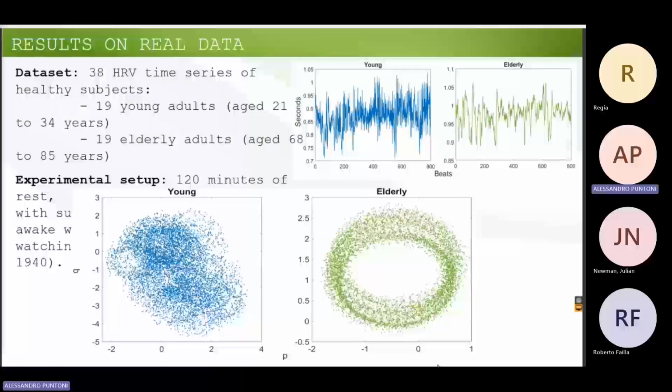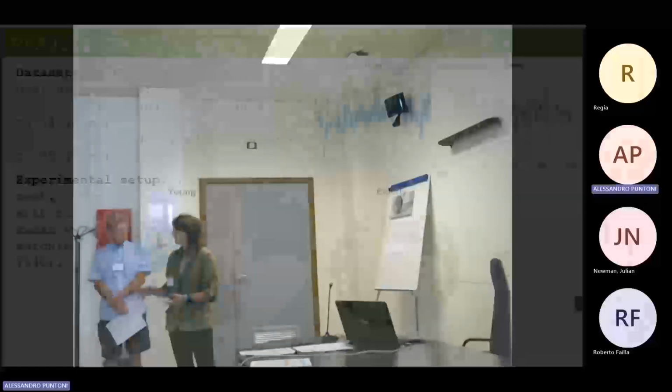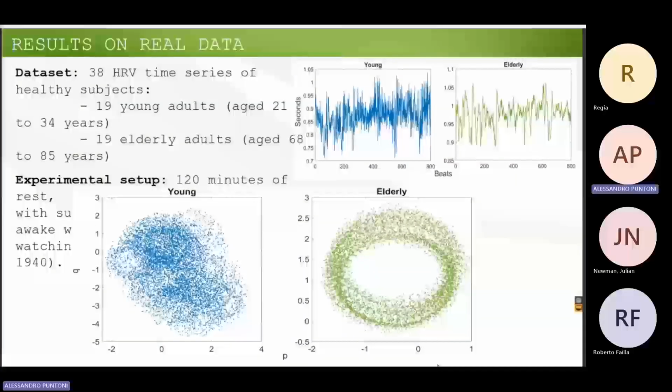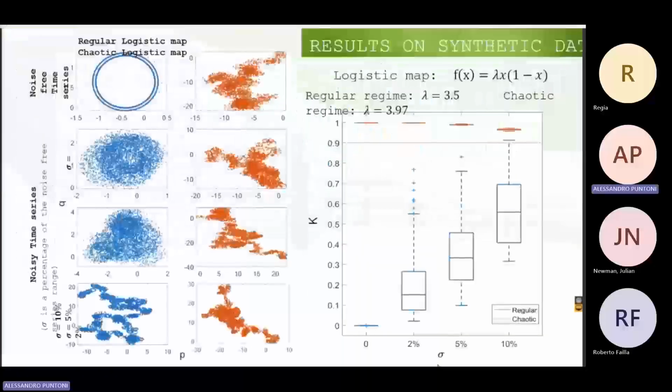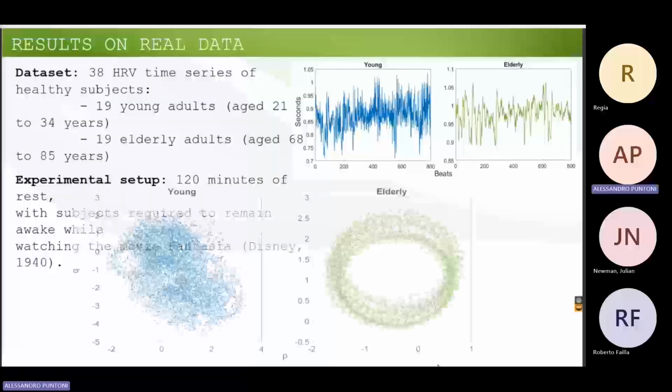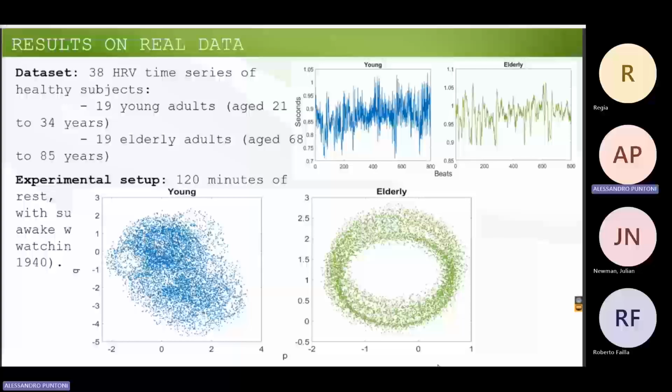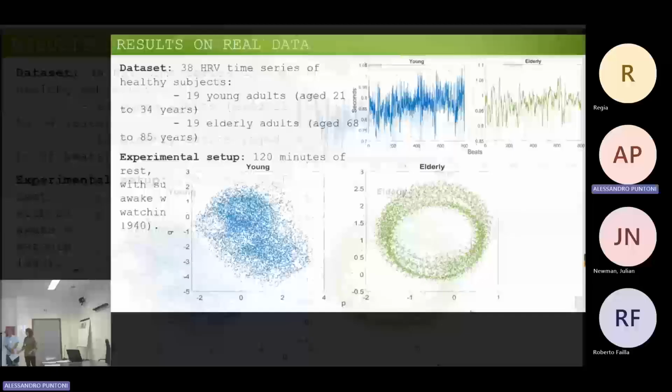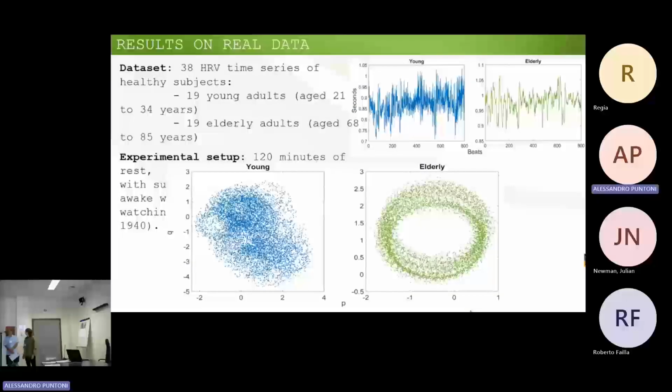If you remember, the first step of the method consists in the reconstruction of this auxiliary phase space, starting from the samples of the time series. Well, before I show you these phase spaces that are obtained analyzing synthetic time series. Right. And instead, in this case, I do the same thing, but analyzing real heart rate variability time series. But the computation is the same.